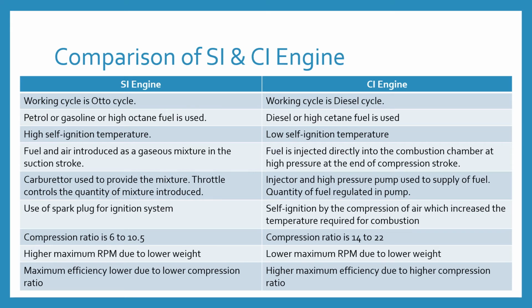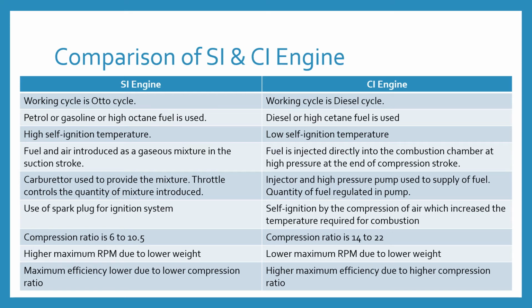And in the case of the CI engine, an injector and a high pressure pump are used to supply the fuel, and the quantity of fuel is regulated by the pump.